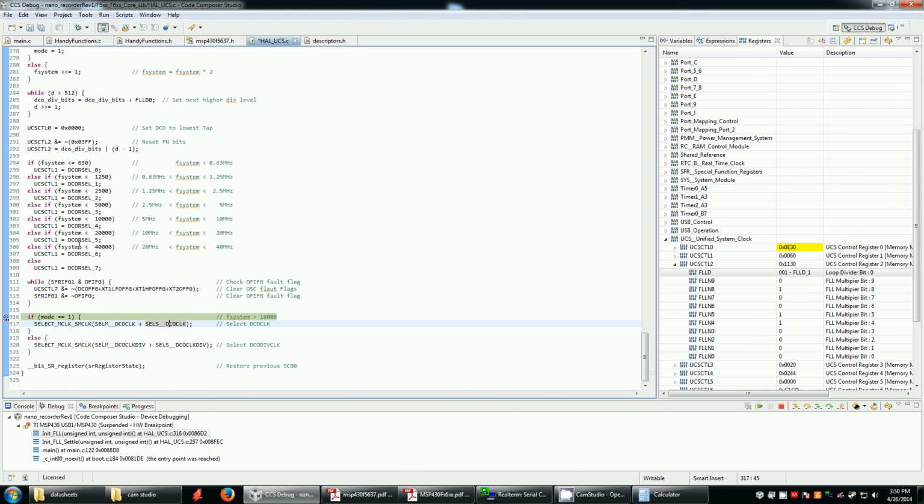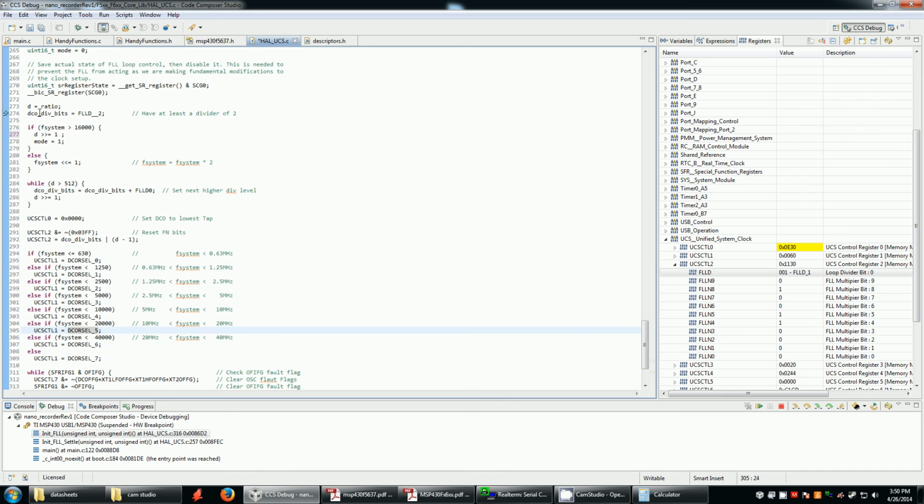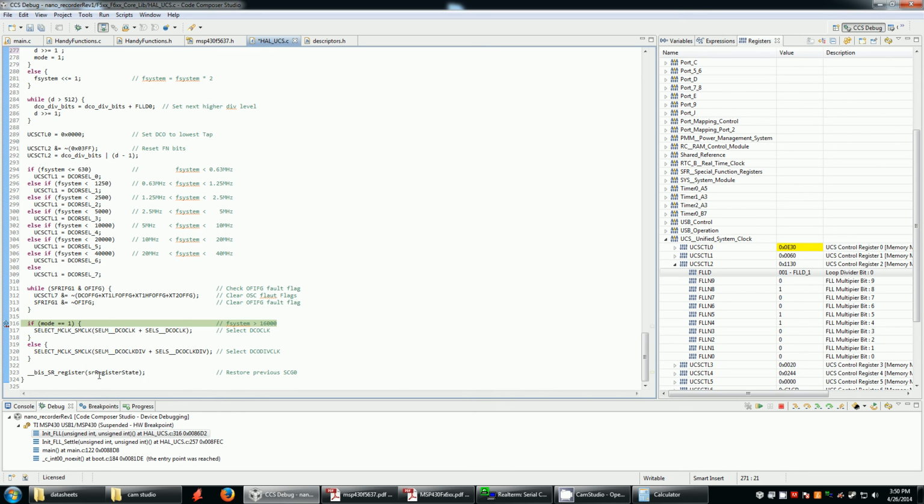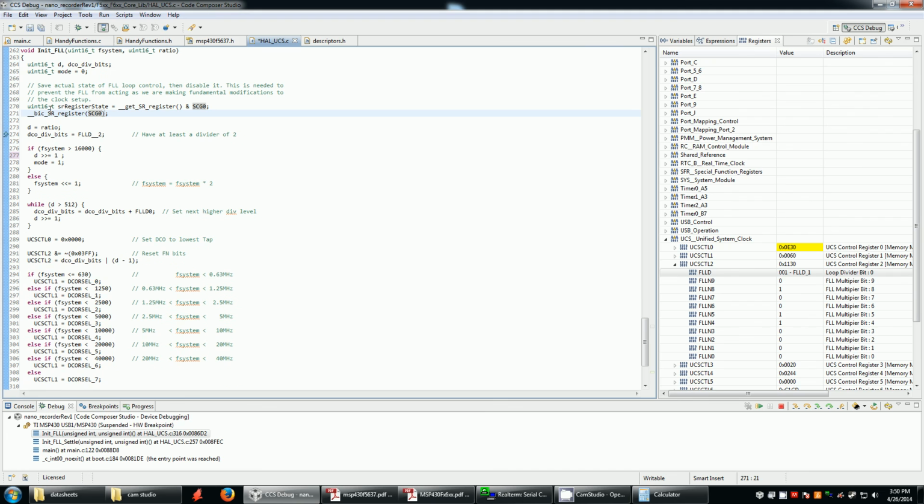And remember, up top we saved our SCG0 register here, and then cleared that bit. And right now we're going to restore it here. And all this is doing is disabling the frequency lock loop system. It's saving the status of what the FLL was before we'd entered.